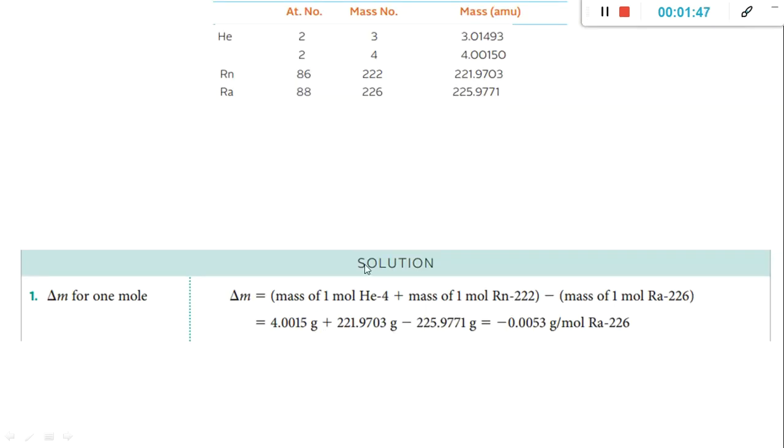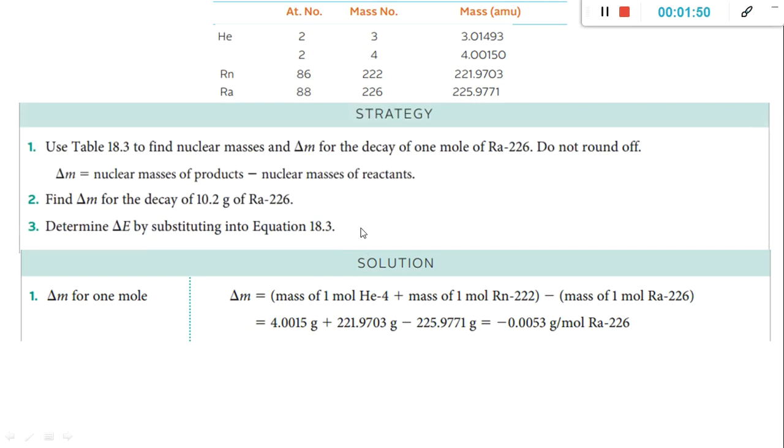All right, so here is the strategy. Again, delta m is equal to the nuclear masses of the products minus the nuclear masses of the reactant. Then we will find delta m for the decay of 10.2 grams of radium-226. After that, we will be able to determine the delta E by substituting it into the equation shown before. So again, products minus reactants.